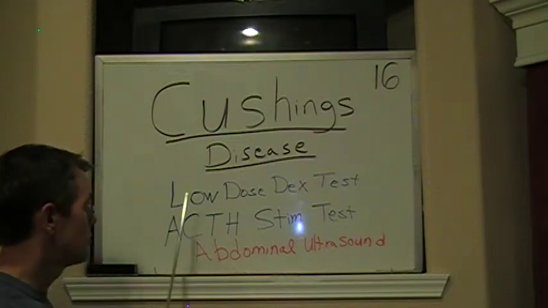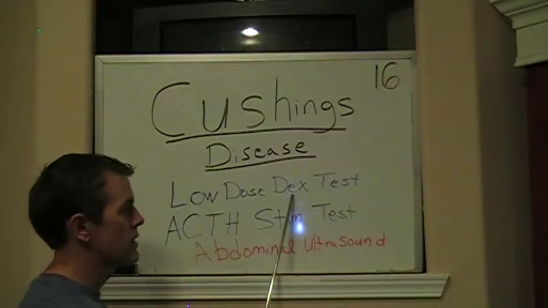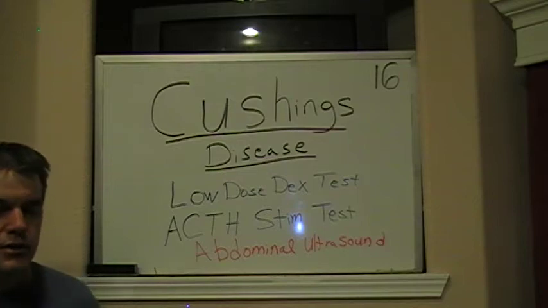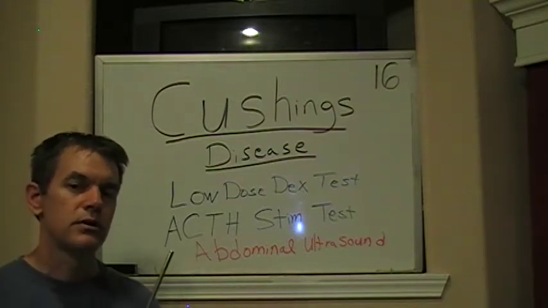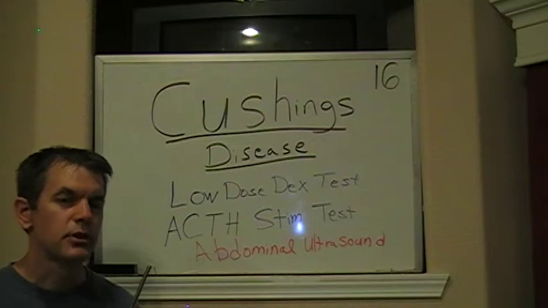I'm going to start by describing the low dose. This stands for low dose dexamethasone suppression test. So this is what we call a suppression test, meaning that what we would do is we'd have the pet dropped off in the morning at the clinic, and we'd take a resting blood sample from the pet of what's called cortisol.